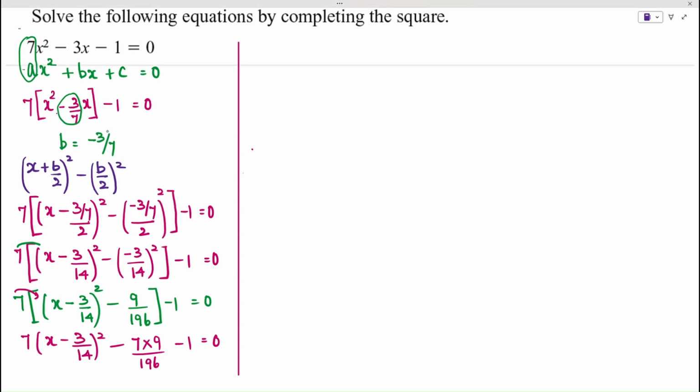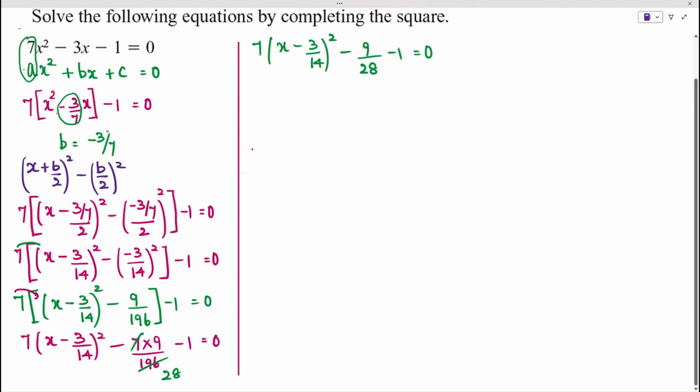So with this, we get our equation as, so this is 28 times 7. And for this, we get it as 7 times (x minus 3 over 14) the whole squared, minus 9 over 28 plus 1, minus 1 is equal to 0.